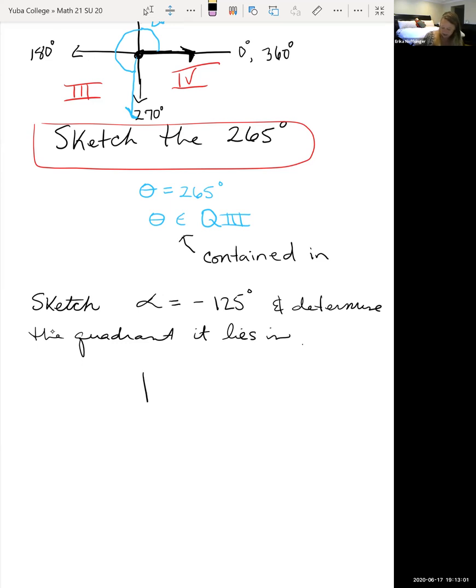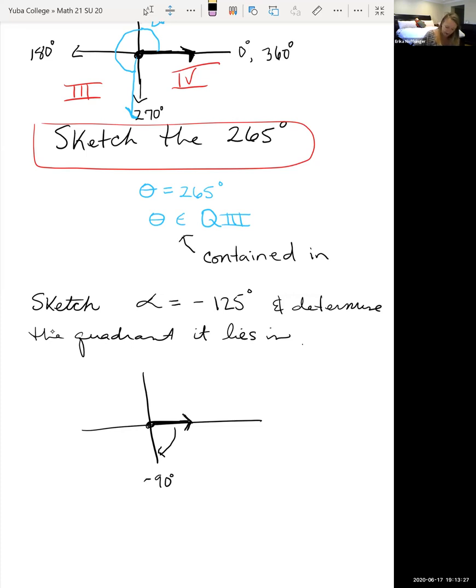Okay, so again, start at your standard position. And because it's giving us a negative angle, we're going clockwise. And so clockwise, that would make that negative y-axis. This is actually negative 90 degrees.